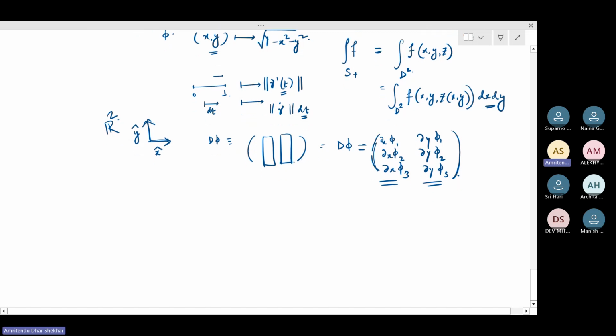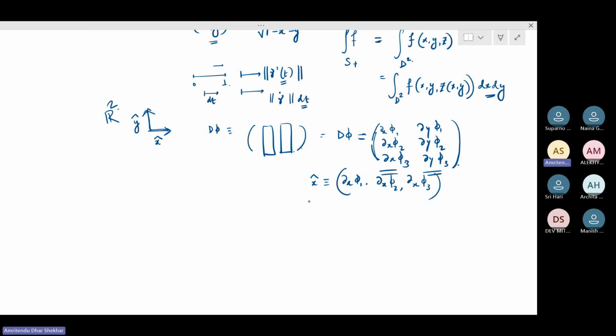So what this basically means is that x cap has been mapped to del x phi1, del x phi2, and del x phi3 under this mapping. And similarly, y cap.